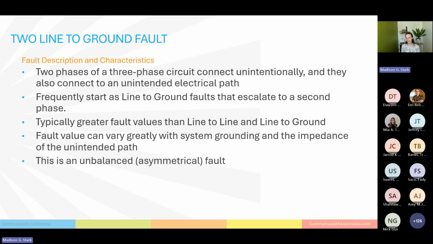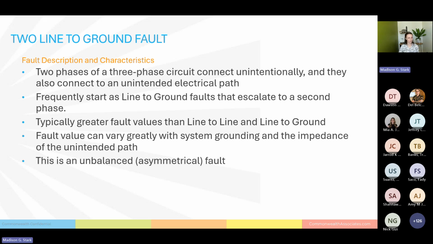But again, it can really vary in magnitude based on the system grounding configuration and the impedance of the fault itself. This is an unbalanced asymmetrical fault. Similarly to the line-to-line fault, the only phases that will see that fault current are going to be your faulted phases. So they will see the fault, and then your unfaulted phase will not see the fault.